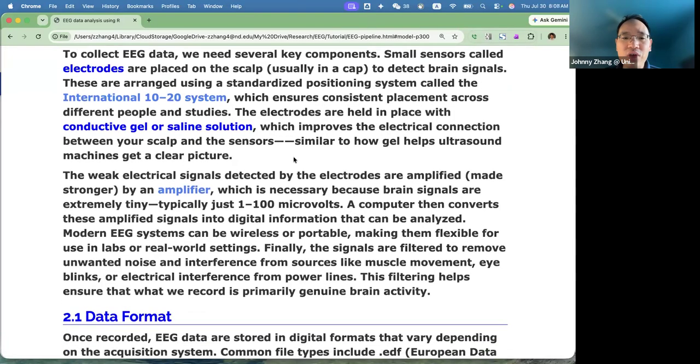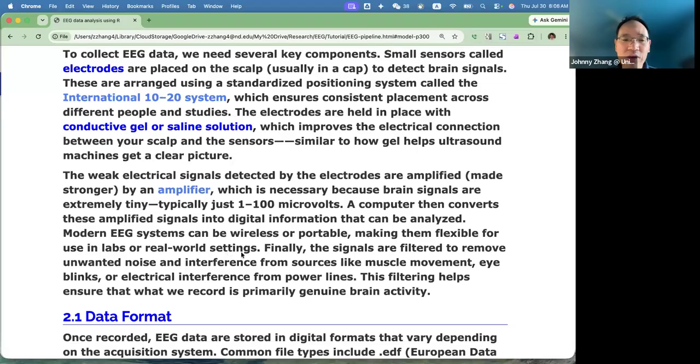With the electrodes, oftentimes we use conductive gels and saline solutions. Those can improve the connection between the head and the sensors, which helps to get better signals from people. Typically the electric signals are very weak, so oftentimes we use amplifiers to amplify the signals to better record them.